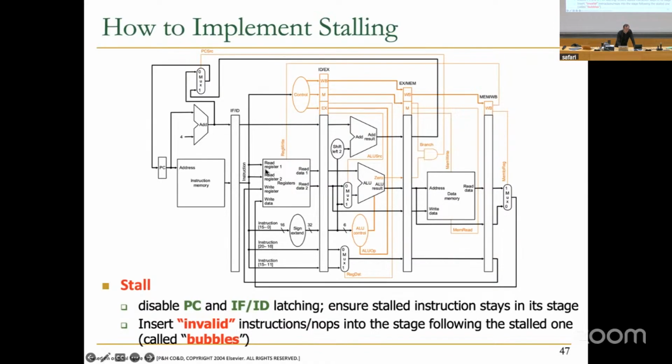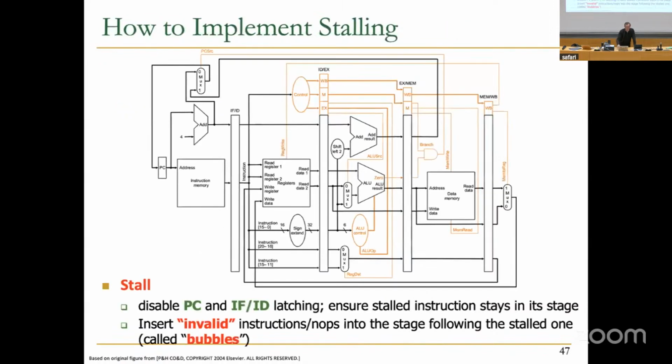This is the one that's stalling because it's waiting for the data value to be available in the register file. Assume that we don't do forwarding right now. You need to insert a bubble. So how do you insert a bubble? Well, there are multiple ways of doing that, but you can basically invalidate or zero out the entire register so that control signals are all zeros. It's like a no operation, basically.